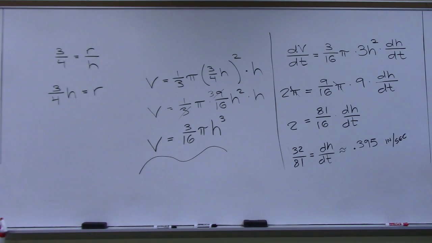So at exactly the moment that the water height was 1 inch from the top, the rate at which the water was coming up was 0.395 inches per second. So almost half an inch a second is how fast it was coming up.